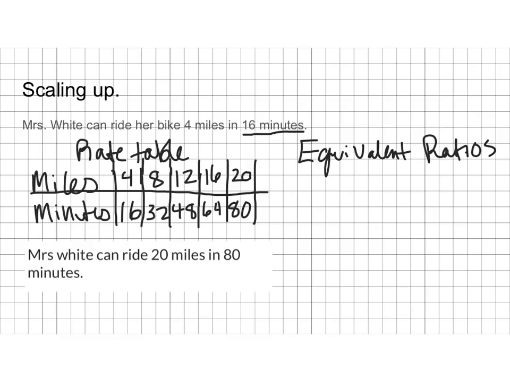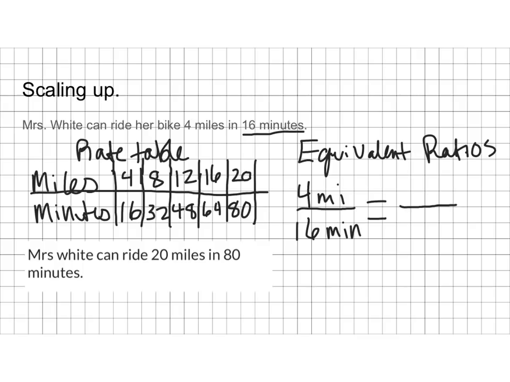So we're always going to do fractions when we're working with equivalent ratios, just because it makes life a little bit easier. And they're going to be equivalent, so that means I'm going to put an equal sign. So I'm going to have 2 fractions equal to each other. The first one, I'm going to write my rate as 4 miles per 16 minutes.